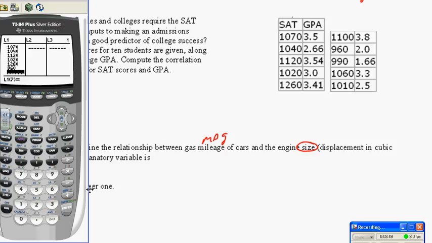Okay, and what was I? 960, and then a 990, 1060, and 1010.